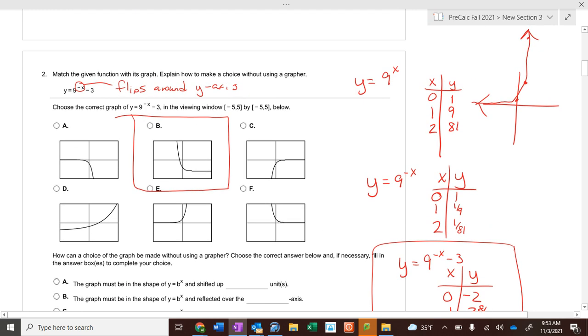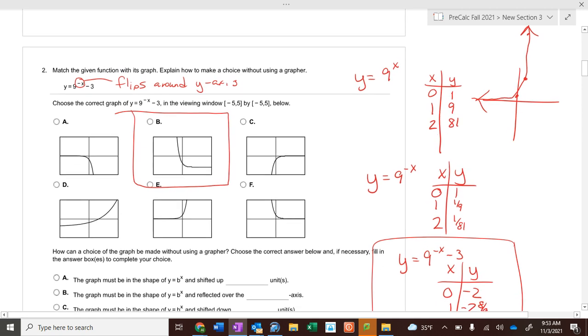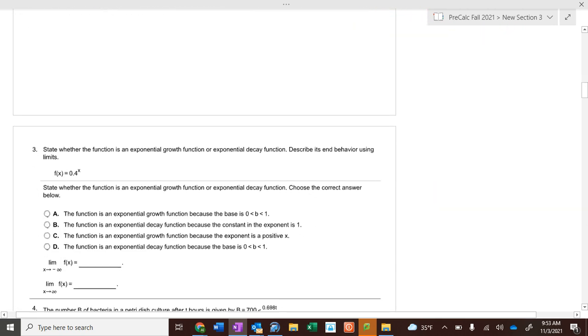Okay? So you just look at what happens here. If it's a negative right in front of where x is at, we're flipping around the y-axis. A negative in front of everything flips it around the x-axis.